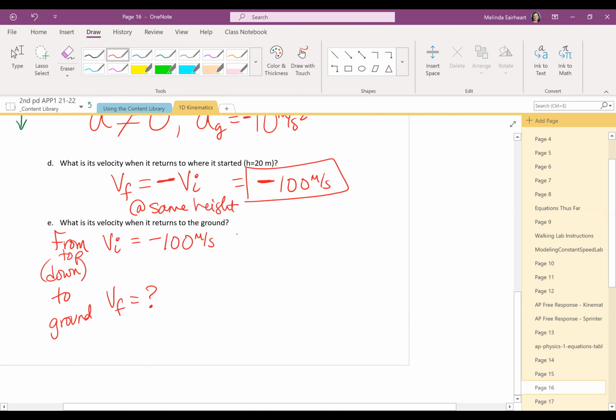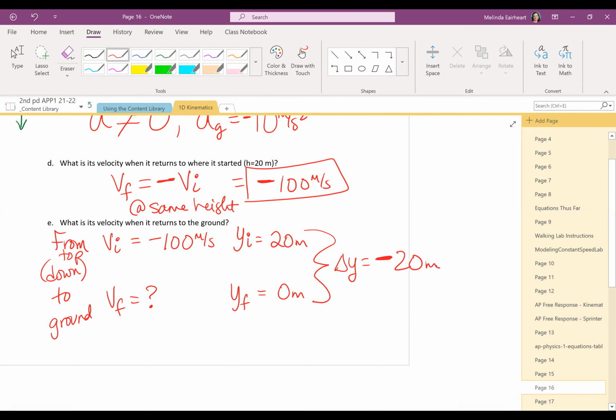Well, we know that your initial position is now 20 meters above the ground. Final position, the ground, is 0. Y'all put those together real quick. What's the vertical displacement from the top of the building to the ground? Negative 20. You're falling down. Negative displacement. There you go.